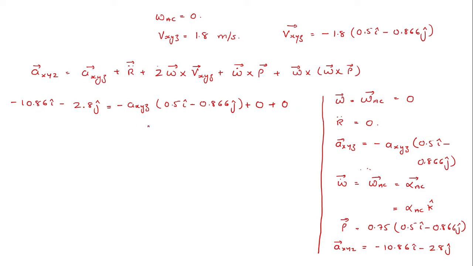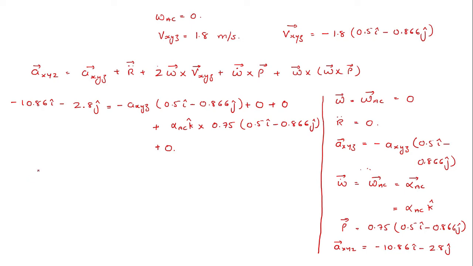Then you have omega dot cross rho vector, which will be equal to alpha AC into k cap cross 0.75 into 0.5 i cap minus 0.866 j cap. Then the last term, omega cross omega cross rho, since omega is equal to 0, will also be 0.